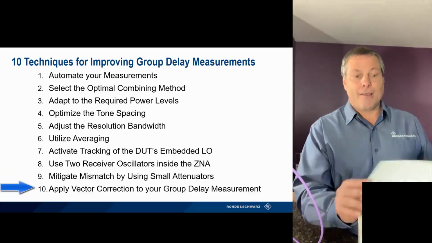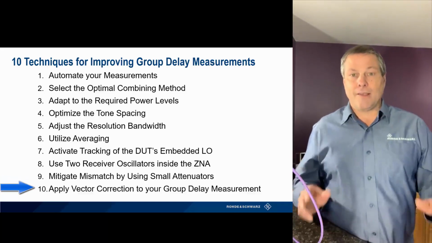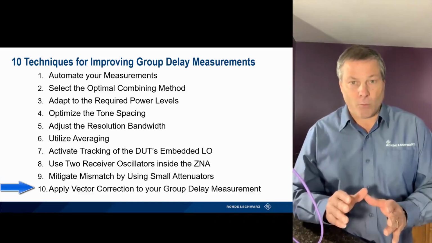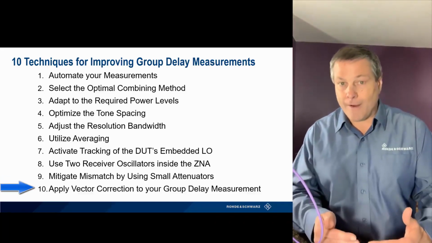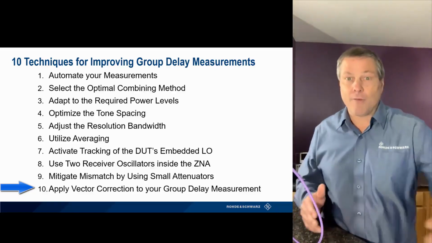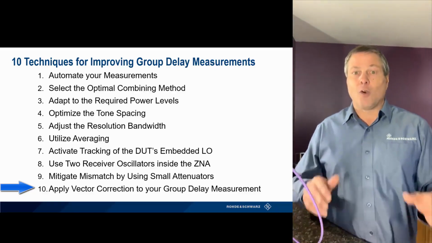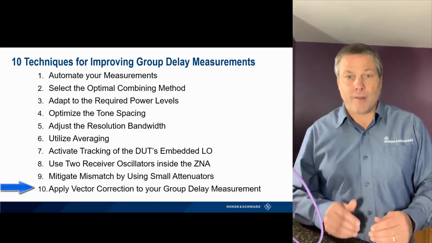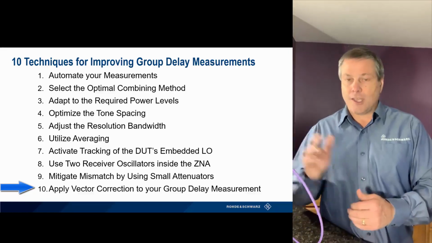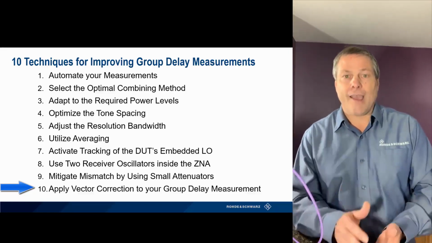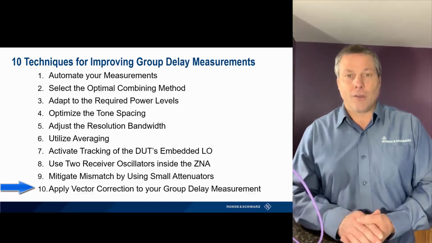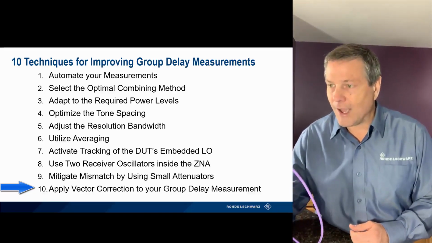But the absolute best thing on my top 10 list is number 10, which is to use S parameter error correction in addition to everything else that we've mentioned up to now. So for the first time, in firmware release 2.0 that just came out on the ZNA, we now have S parameter error correction. You know what? Let me check that. I don't want to make a mistake.